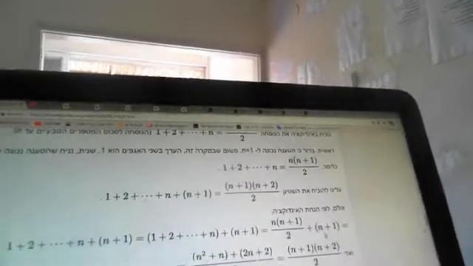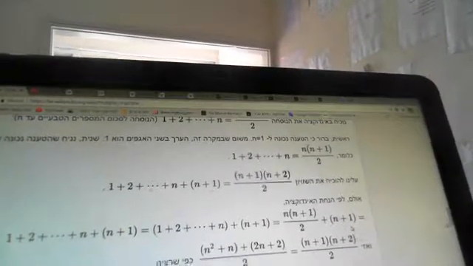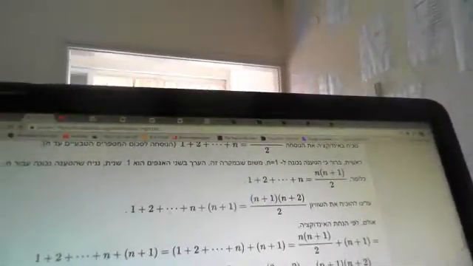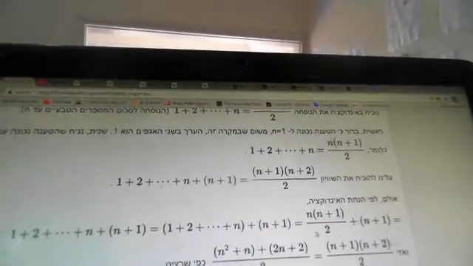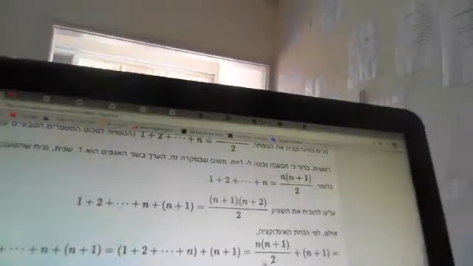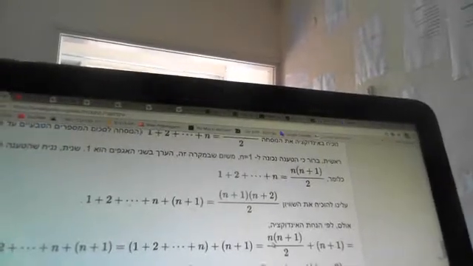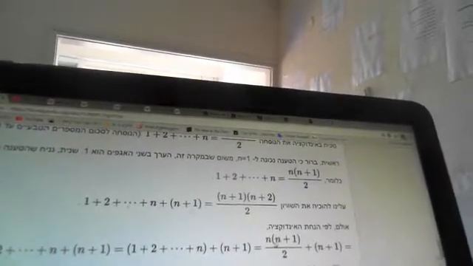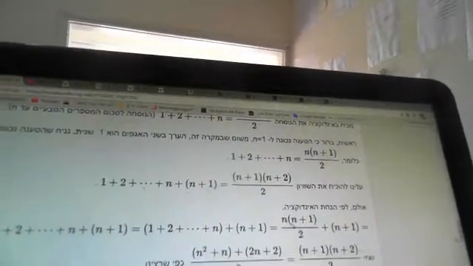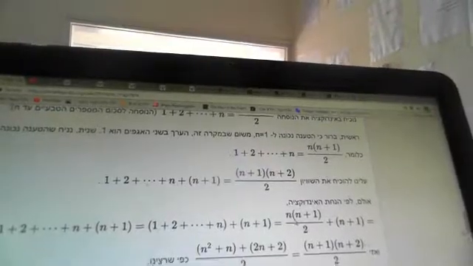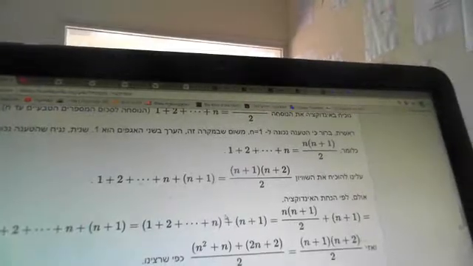So we also write n plus 1, and all of this is equal to, if we open the brackets, n square plus n.